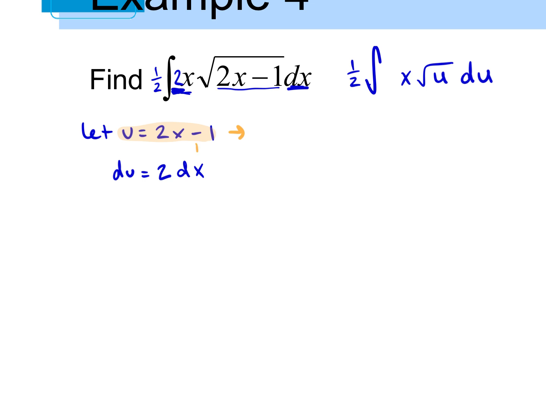So when we solve for x, I'm going to add 1 to move it to the other side. So I have u plus 1 is equal to 2x. And then divide by 2 on both sides. So x is equal to u plus 1 over 2. So now I'm going to take this and substitute it into the x.